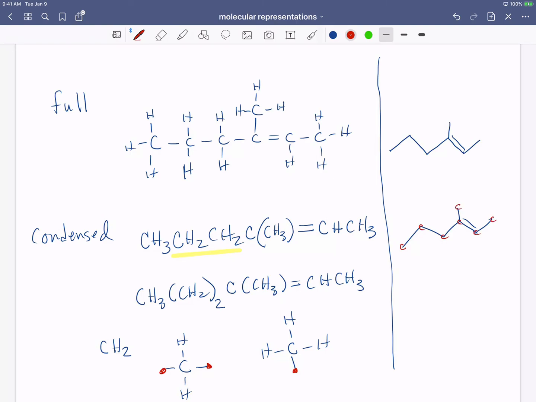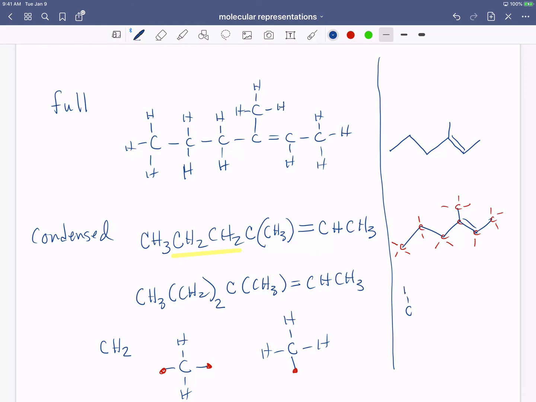And then from those carbons, I figure out how many hydrogens I need to sprout. So I see I have 1, 2, 3. I'm going to have to sprout 3 here, 2 here, 2 here, none there, 1, 2, 3, 1 here, and 1, 2, 3. So I kind of have a template for drawing my full structure.